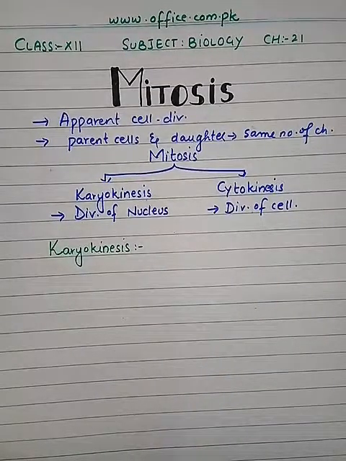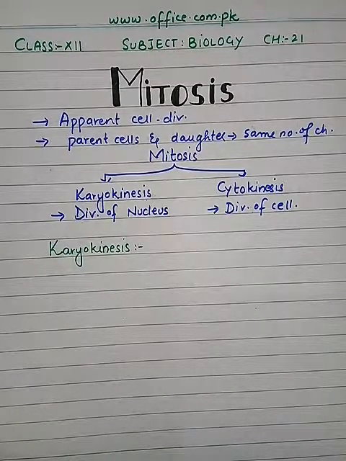Now karyokinesis, as you all know, is the division of the nucleus. So when the process starts in the animal cell, it starts with the partition of centrioles.